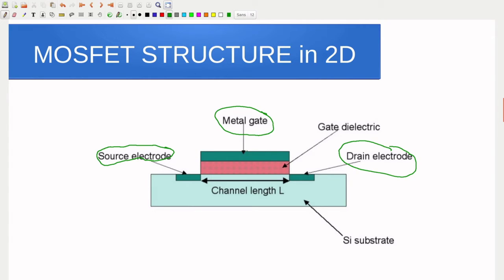The basic element is MOS capacitor itself, which is being constituted by the metal, the dielectric, which is an oxide in case of metal oxide semiconductor FET, and the semiconductor substrate. This forms the MOS capacitor.